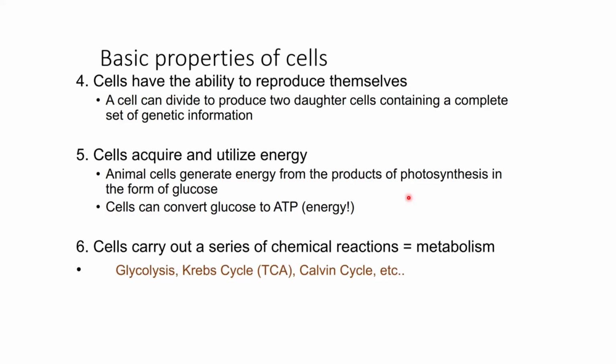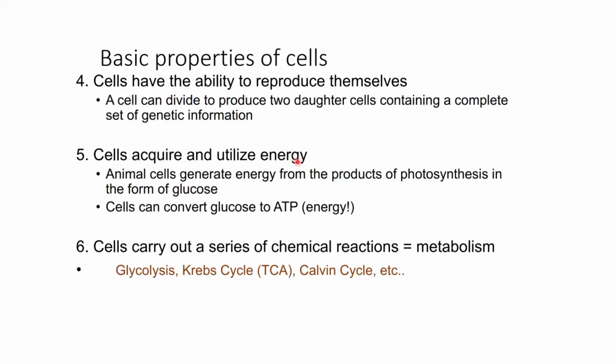And even going back through the history of life, when life first started on the planet billions of years ago, that all started from one single cell. And then it reproduced, and then it went from there. But yeah, a cell can divide to produce two daughter cells containing a complete set of genetic information.